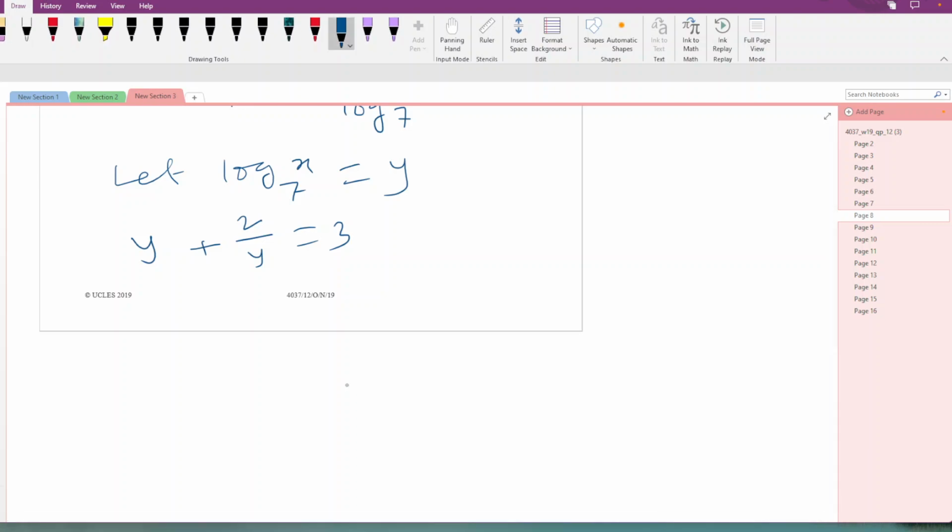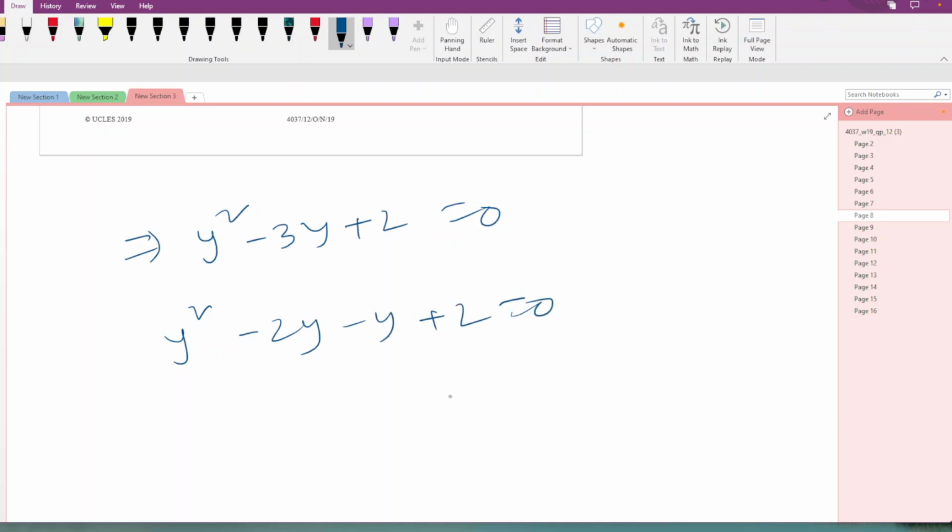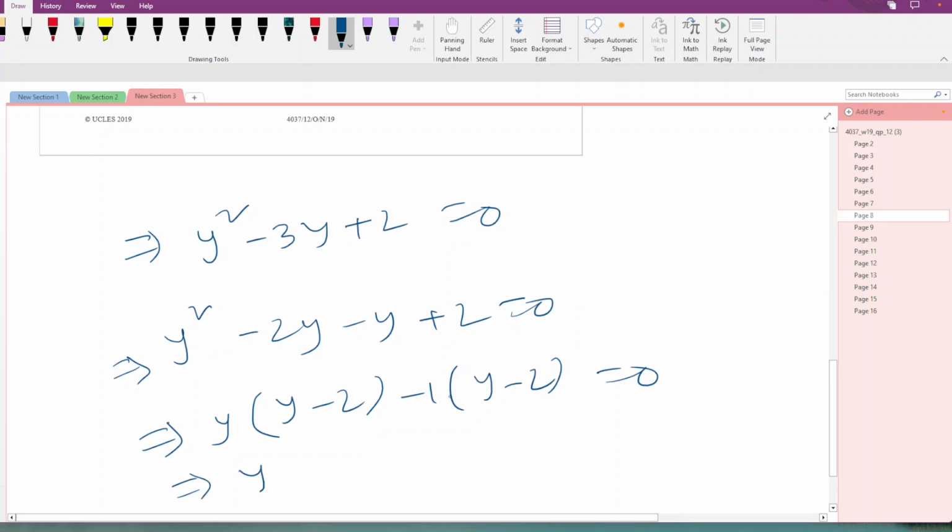Now it gives y square minus 3y plus 2 equals to 0, and y square minus 2y minus y plus 2 equals to 0, and y minus 2 minus 1 into y minus 2 equals to 0, y minus 2 and y minus 1 equals to 0.